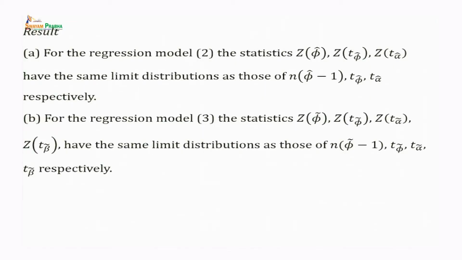Again, I have not derived here the asymptotic distributions of all these statistics, but for the regression model 2, the statistics Z phi hat, Z t phi hat and Z t alpha hat have the same limiting distributions as those of n(phi hat minus 1), t phi hat and t alpha hat respectively.